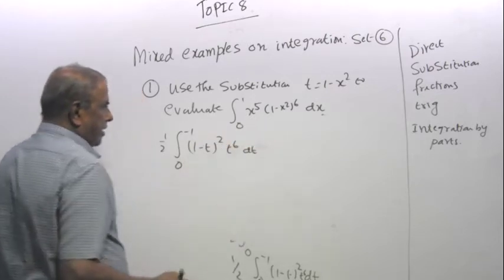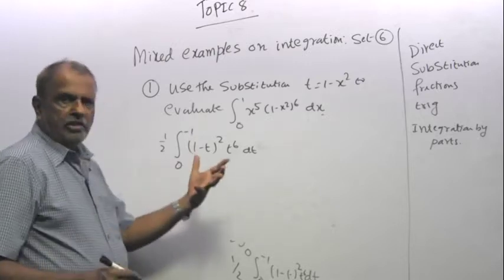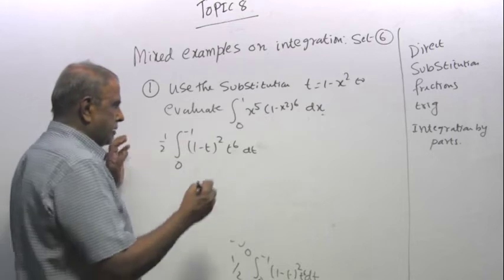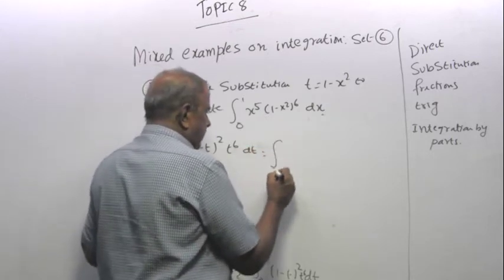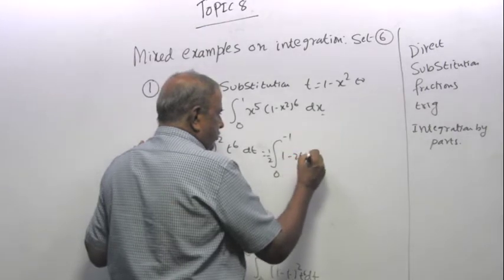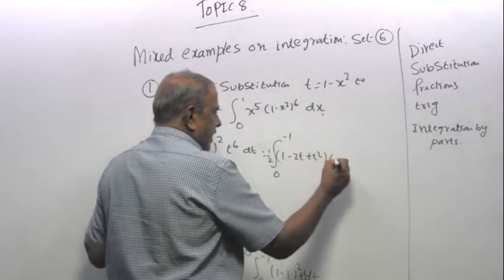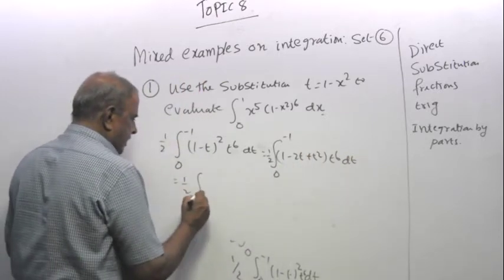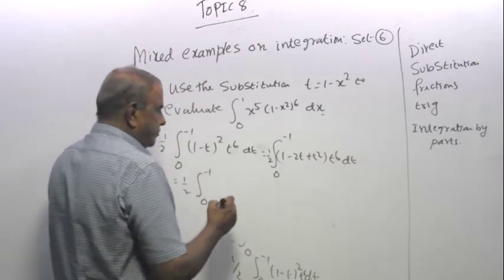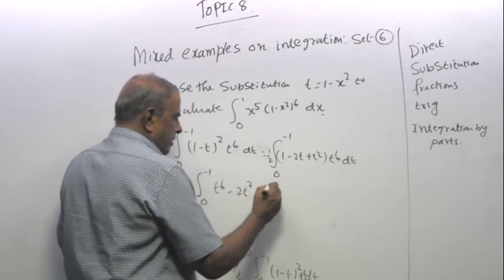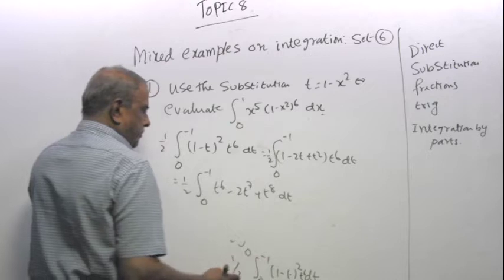Let me do it first using the expansion and algebraic method. So it is the integral from 0 to minus 1 of half times (1 minus 2t plus t squared) t power 6 dt. That is half the integral of t power 6 minus 2t power 7 plus t power 8 dt.